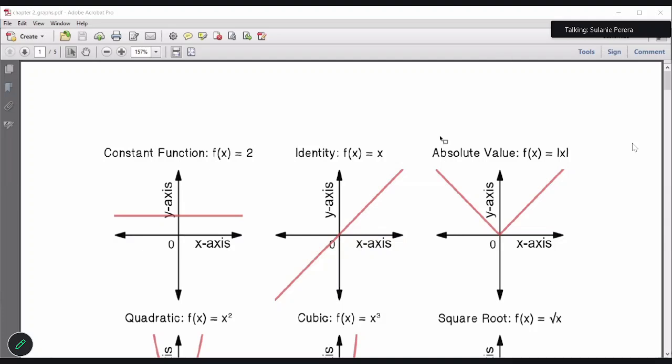So one more thing, we are going to introduce functions.